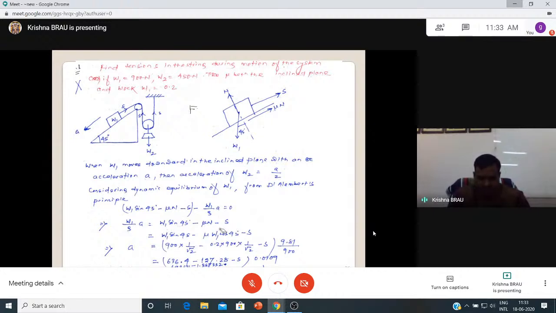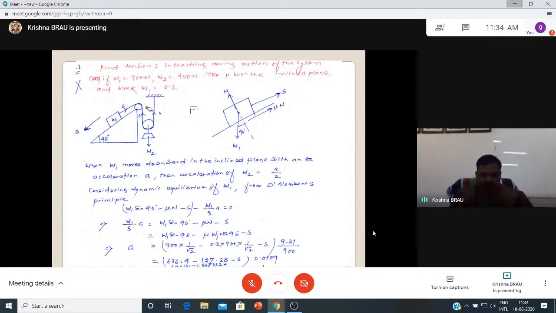W1 is known to you, and the normal reaction you have to find out from the vertical: W1 cos 45 is equal to N. From that N, substitute mu times W1 cos 45. Now the acceleration is the unknown, you find it out.